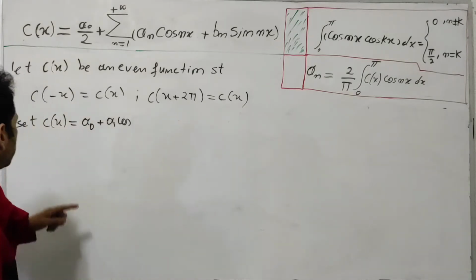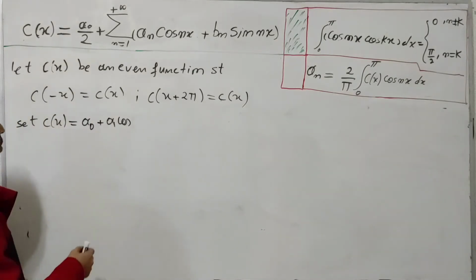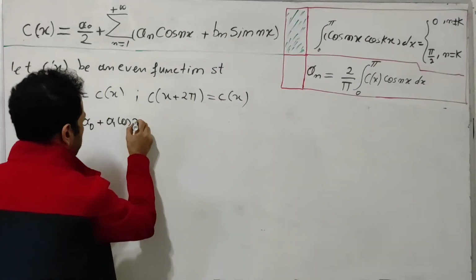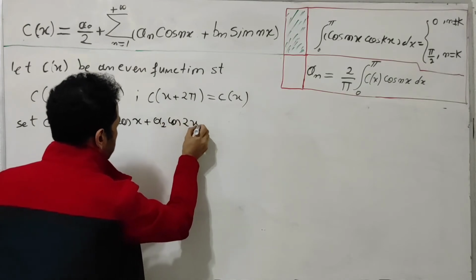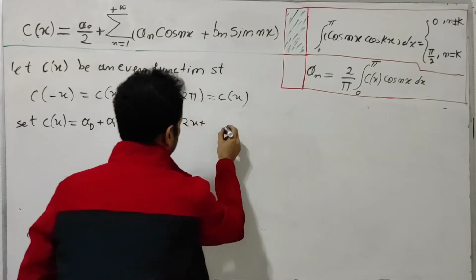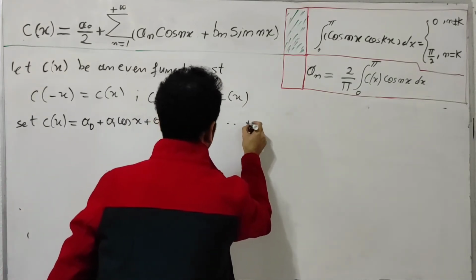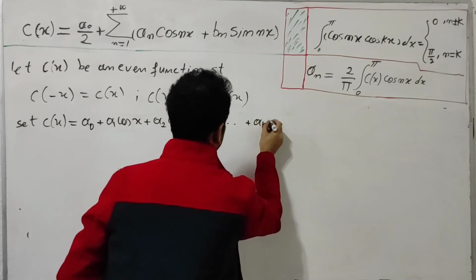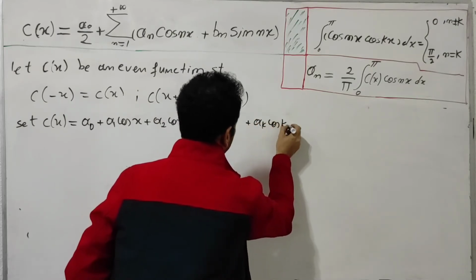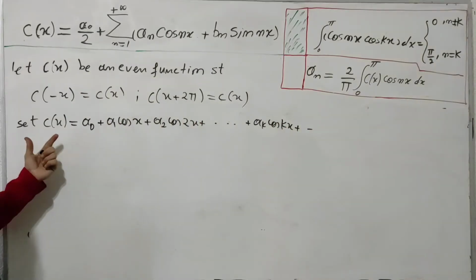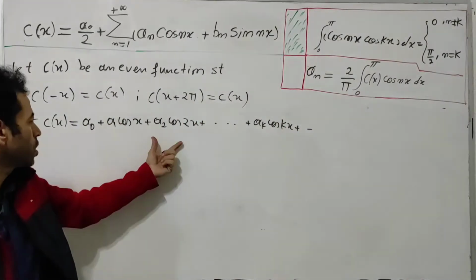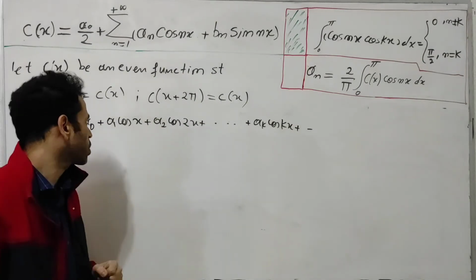Let's choose c of x equal to a sub 0 plus a sub 1 cosine x plus a sub 2 cosine 2x, and so on, until you get a sub k multiplied by cosine kx, and so on. I'm going to apply cosine kx on both sides and integrate this expression at the same time.